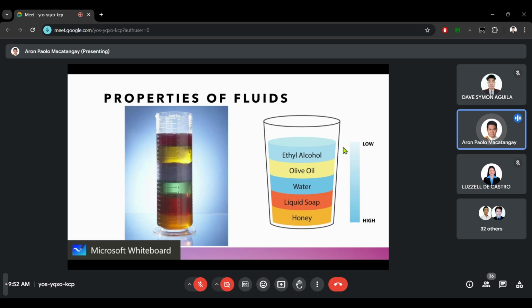Okay, so the order of your fluid layers in a container will depend on the order of their density. The lowest density will be on the top, and the highest density will be at the bottom. So the value of density will also be the basis on how you expect the layers of fluids to appear in a single container. Okay, so you just arrange the density from lowest to highest, and that will be the order of your fluids in a container from top to bottom.